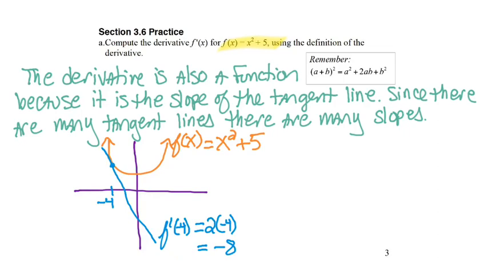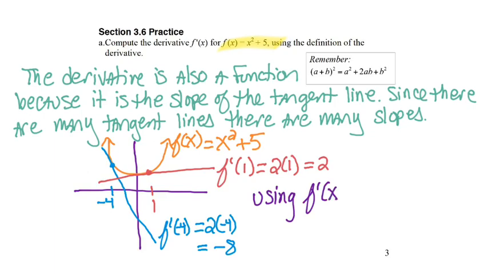Keep in mind, negative slopes go down and over, so it follows that pattern. But remember, there's a gazillion tangent lines we could draw. Over here at x equals 1, my tangent line using 2x, where in this particular problem we decided to let x be 1, is 2. So using the derivative f prime of x equals 2x, I can find all sorts of tangent lines in a gazillion different spots on my graph.